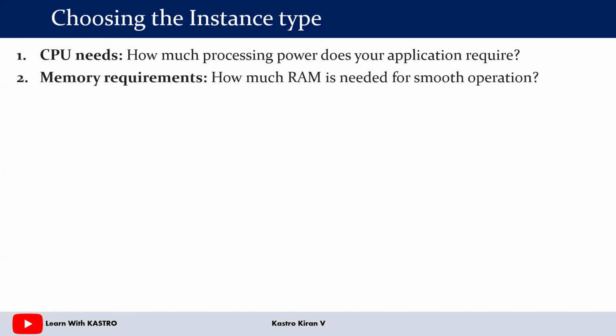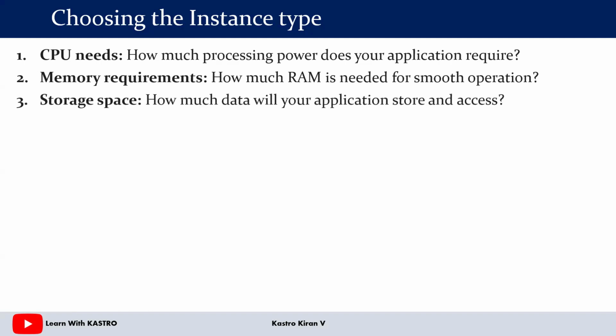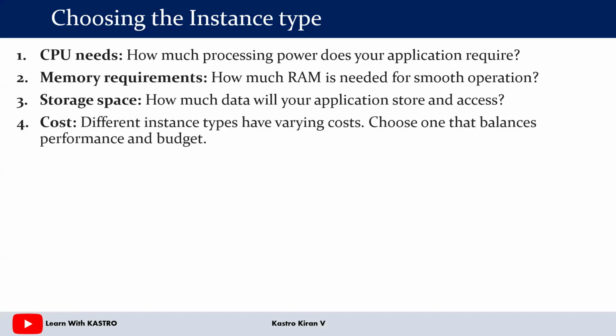The next one is based on memory requirement. How much RAM is required in order to conduct the smooth flow of any kind of work or operations? That's the second selection criteria. And the third one is based on the storage requirement. How much storage capacity is required for your instance? That's the storage space. And the last one is based on cost.